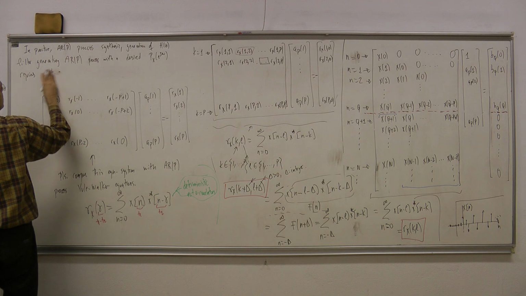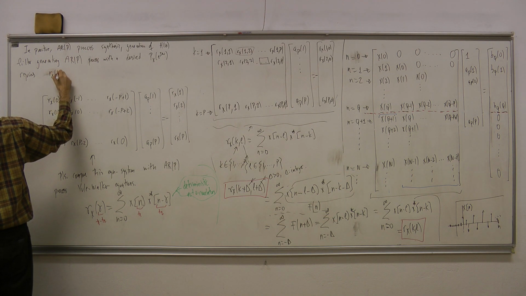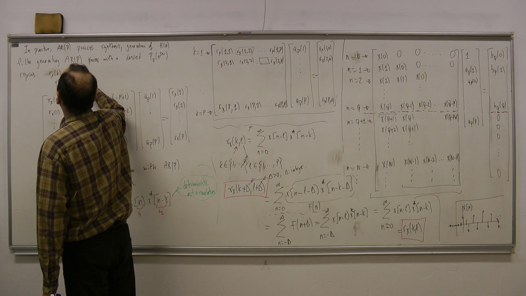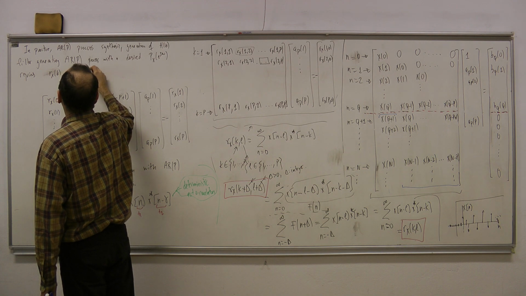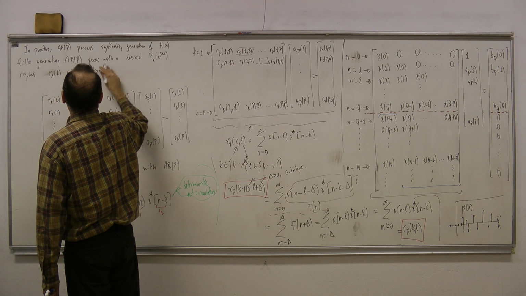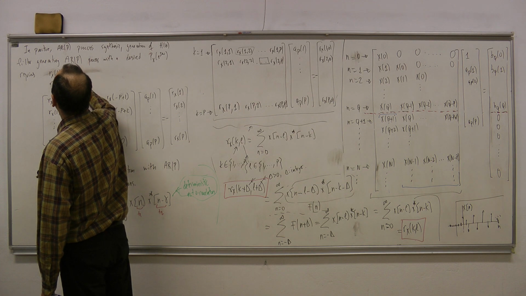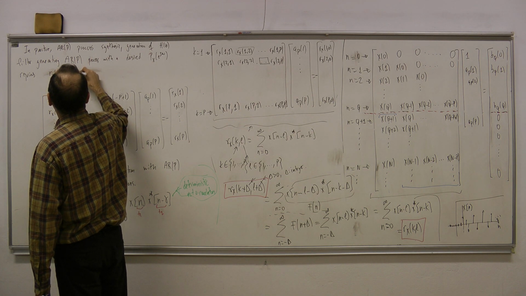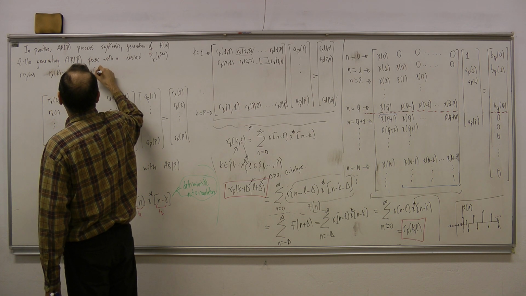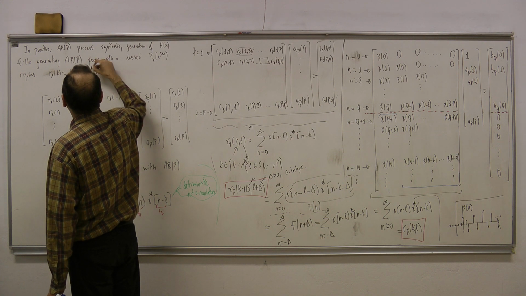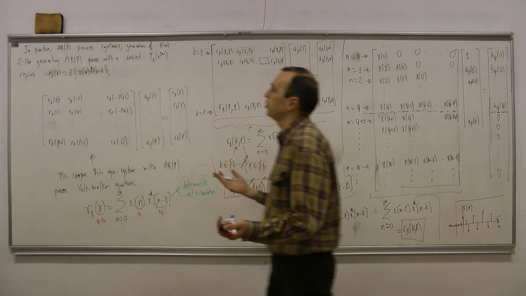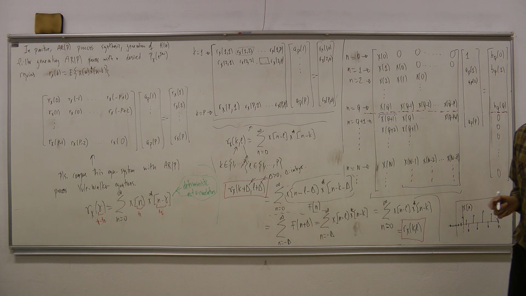autocorrelation, I think it's clear, Rx of k, which is the expected value of x of n minus k conjugate. Let me write this because there are too many autocorrelations. Obviously, because we are working with the stochastic problem.